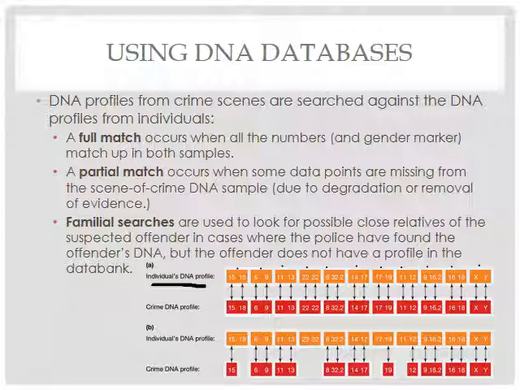And here we've got 15, we've got 18, so you could treat that as one allele at this locus, another allele at this locus, and that is what the DNA profile would look like.